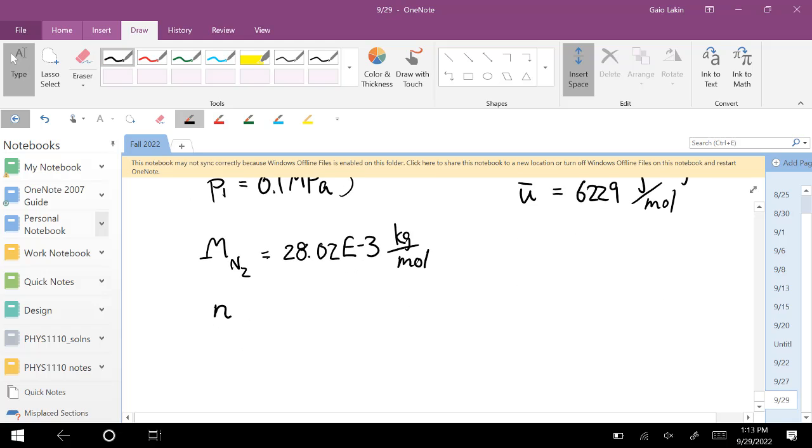And so the number of moles is 2 kilograms divided by 28.02 times 10 to the minus third kilograms per mole.